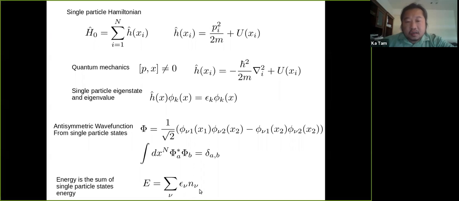The energy of the many particle wave function is now just the sum of the single particle eigenenergies. This is not necessarily the eigenstate, okay? This is only the eigenstate for a system of non-interacting particles. If there is interaction, this is not the eigenstate in general.